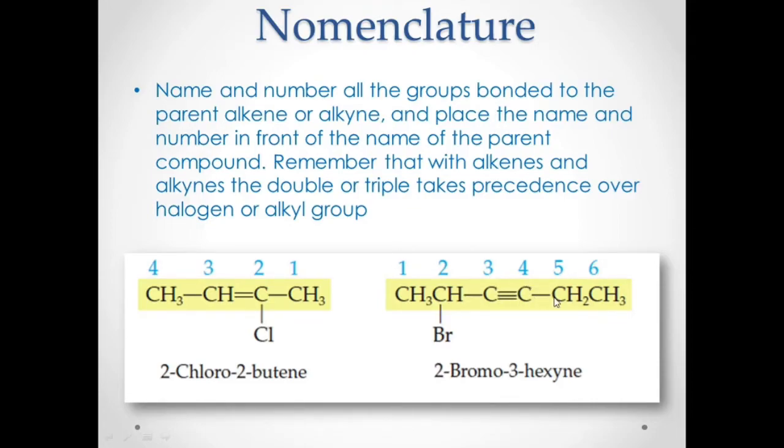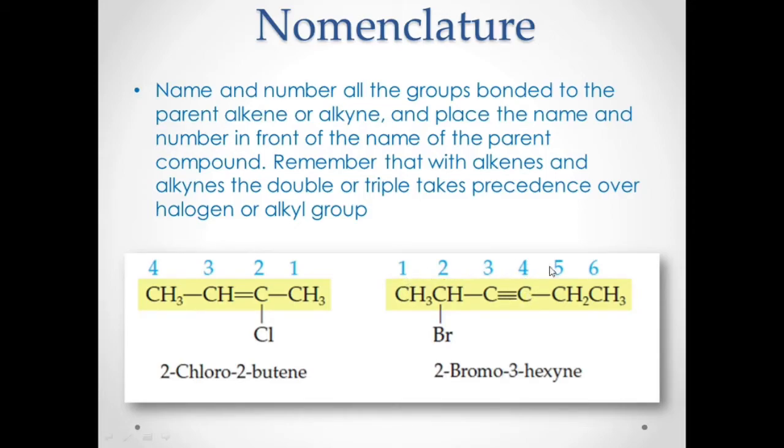If you're going to number this, this is an alkyne, because it contains a carbon-to-carbon triple bond. If you number this as 1, 2, 3, 4, 5, 6, your substituent would attain the higher number. However, your triple bond would attain a lower number, that is number 3.